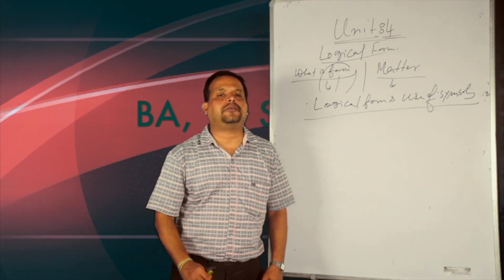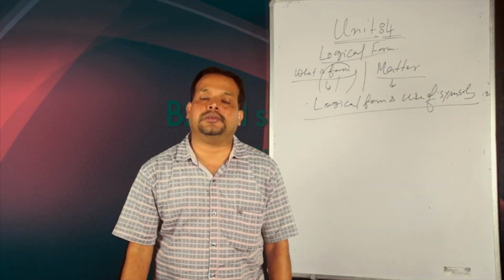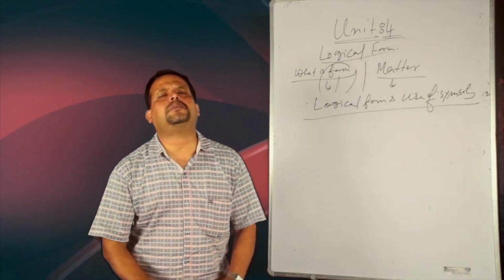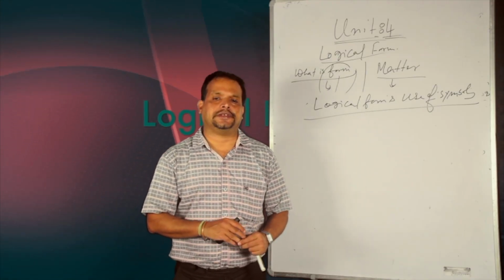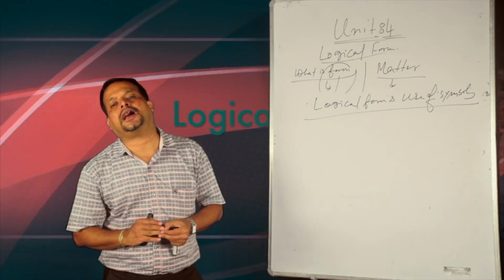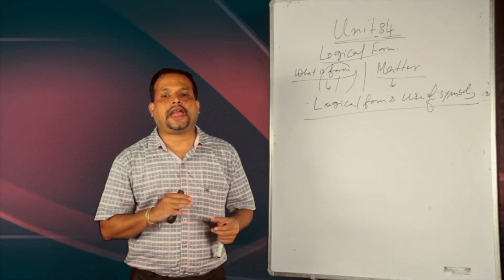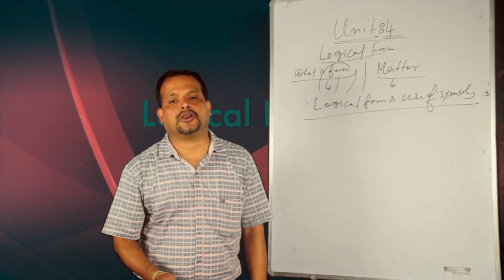If the logical form of the argument is valid, then the deductive argument will be valid, and if the form of the argument is incorrect, then the argument is invalid. Therefore, there is a close connection between the logical form and the validity and the invalidity of the argument.